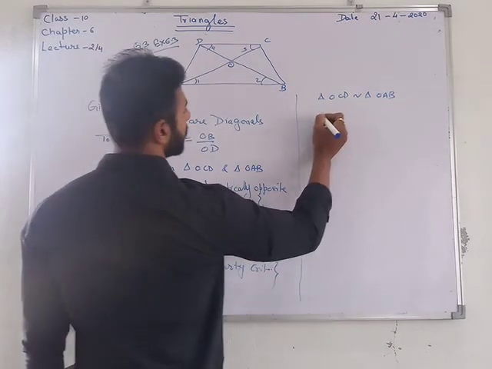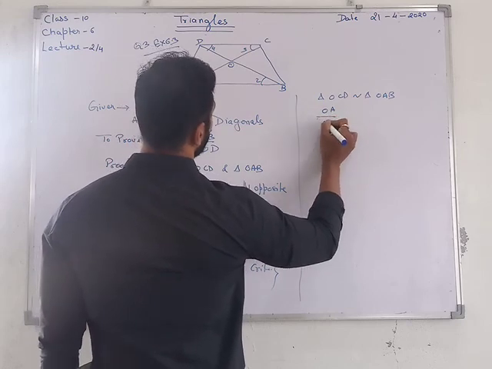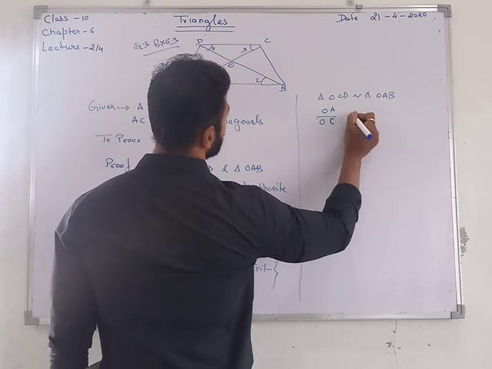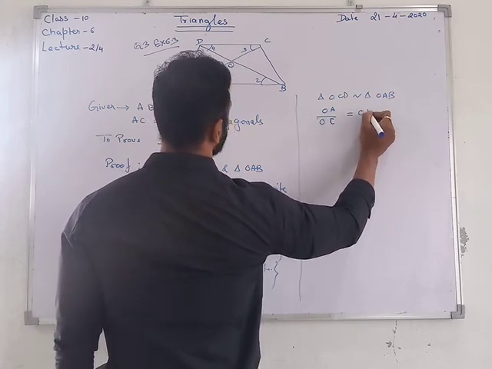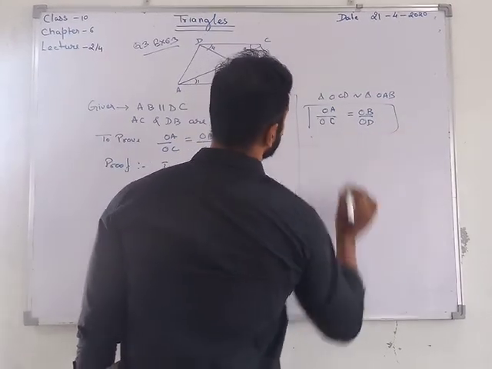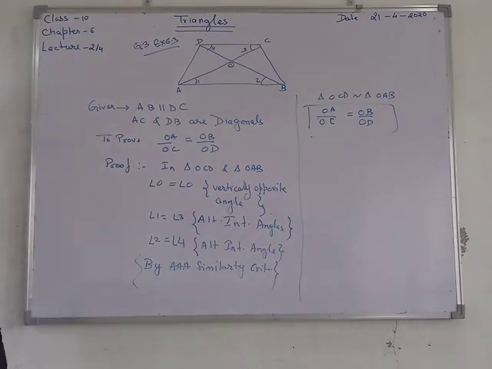Therefore, OA by OC is equal to OB by OD. If the two triangles are similar, then their sides will be in proportion.